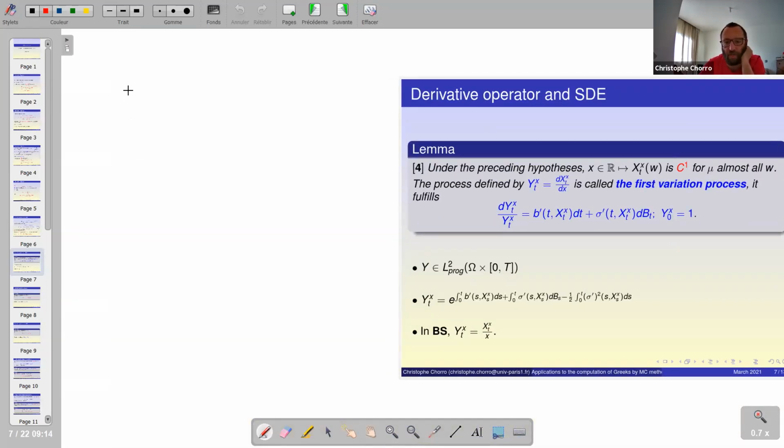So I have my stochastic differential equation. I have X0 = x, small x, which is my initial condition. And I have the stochastic differential equation that I have supposed for small x.